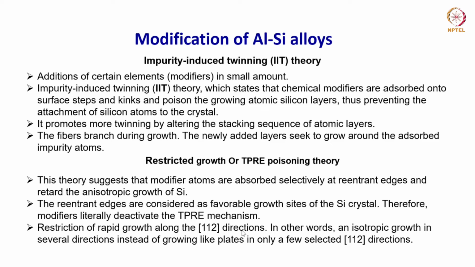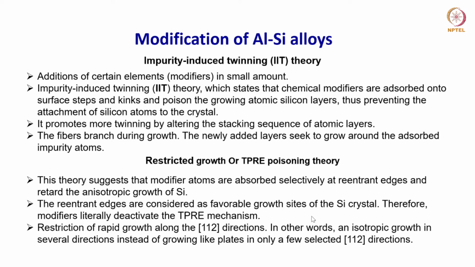So in other words, you can say that isotropic growth in several directions instead of a particular direction will occur, and this will prevent the formation of the flakes, and therefore you can expect a more uniform or fibrous kind of morphology in the solidified alloy.